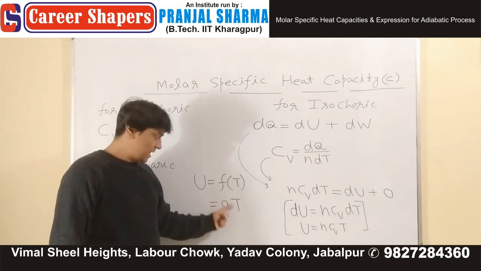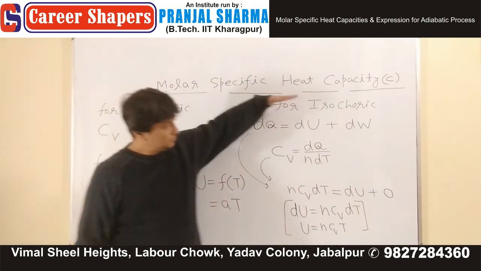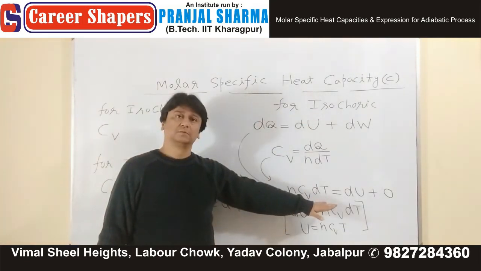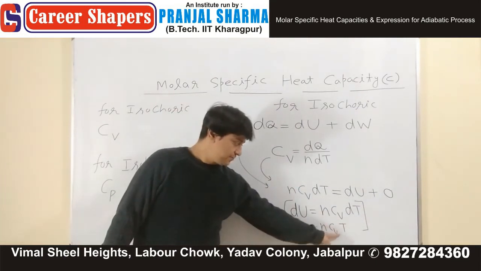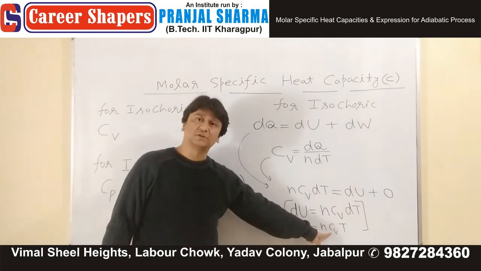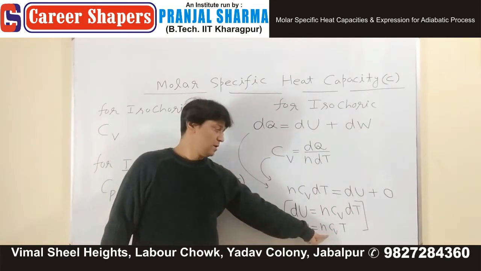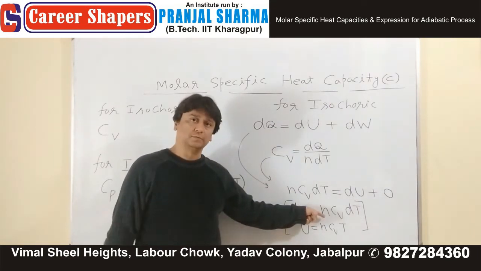We had no idea what this A is. Isochoric process tells us that A is basically N multiplied by CV, and slowly we'll get inside CV also.